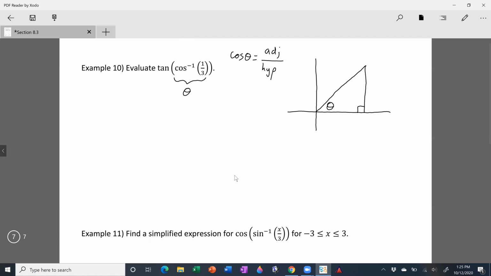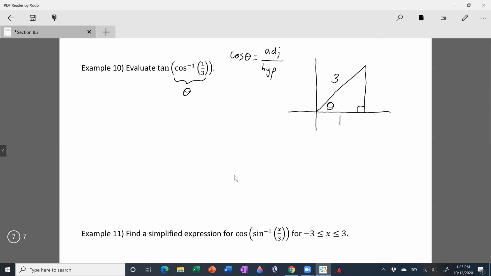So if we look at this, the only way that this angle that I'm starting to draw here can make sense is the 1 has got to be the adjacent, and the 3 has got to be the hypotenuse. Now it doesn't necessarily have to be exactly 1 and 3, it could be any multiples of those. It could be 2 and 6, or like 10 and 30. But the point is, when we do the trig functions, it's always going to reduce down to 1/3.